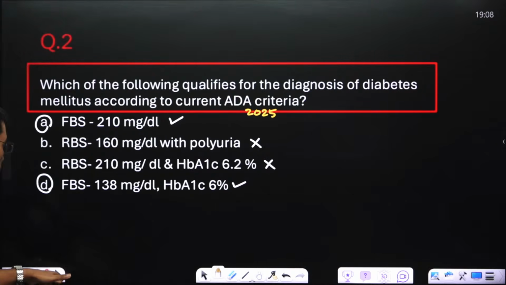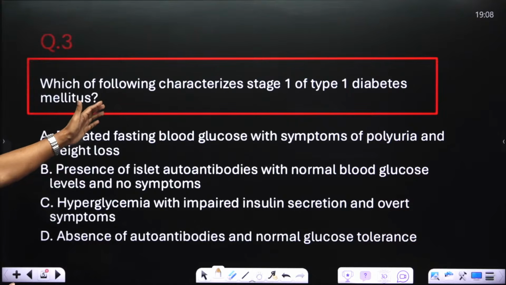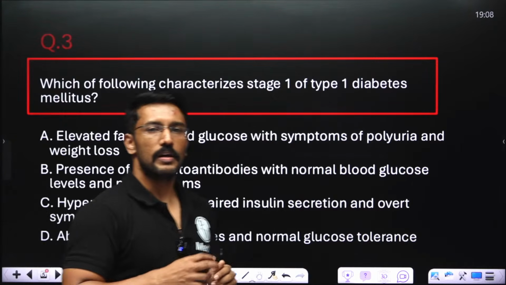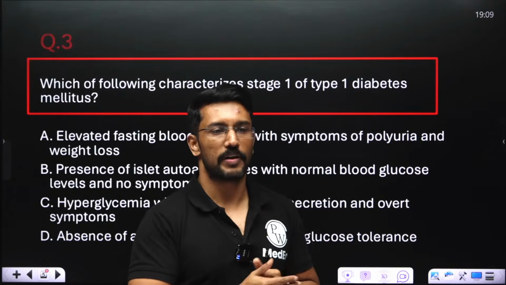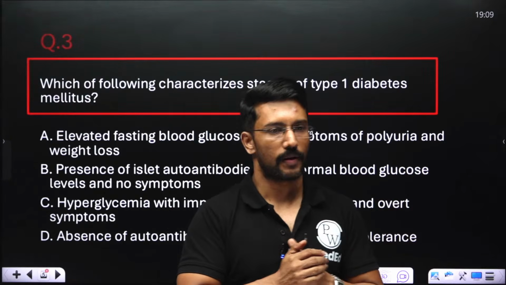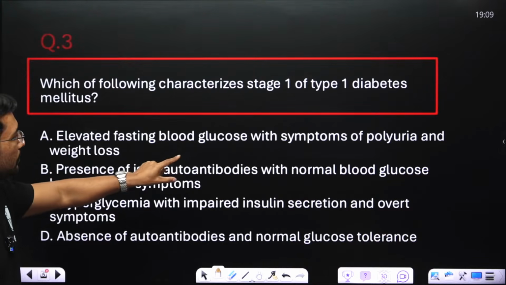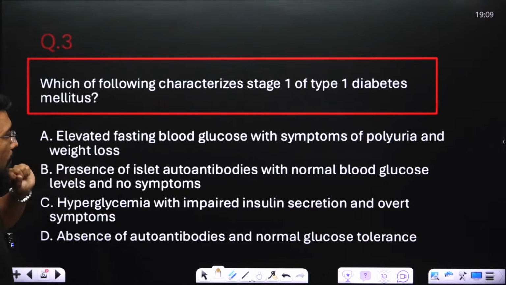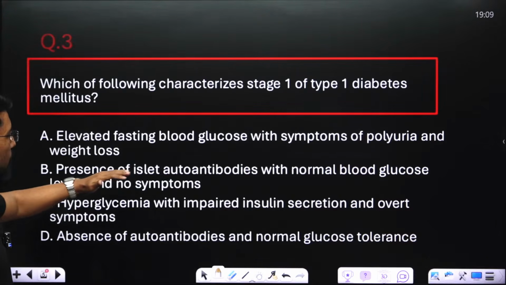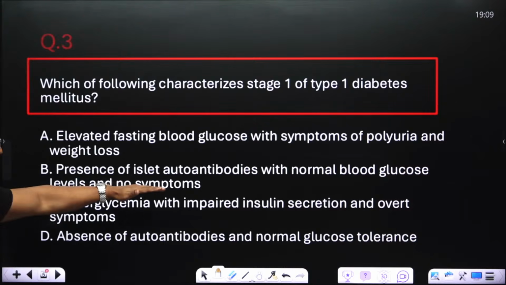Okay, let's go through one more question before we discuss the clinical features. Which of the following characterizes stage 1 of type 1 diabetes mellitus? In the previous lesson, we learned about 3 stages of diabetes mellitus: stage 1, stage 2 and stage 3, right? Option A is elevated fasting blood glucose with symptoms of polyuria and weight loss. Option B is presence of islet autoantibodies with normal blood glucose levels and no symptoms.